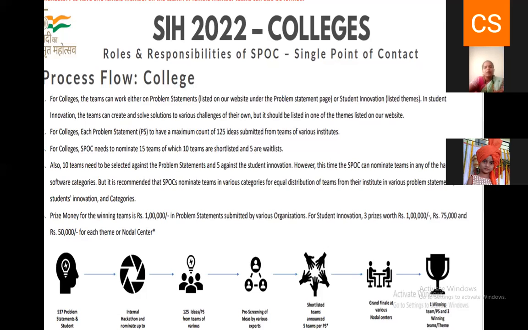You have your own innovative idea, it is accepted, and you have to give the solution for that idea. For this category there are 3 prizes: first prize 1 lakh rupees, second prize 75,000 rupees, and third prize 50,000 rupees.